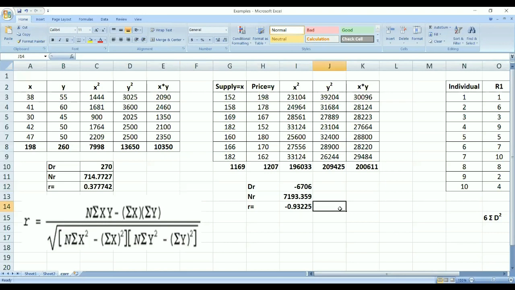Done? Now solve this second problem. Supplies and price is 150 to 158. Try to solve in the same fashion. First, calculate the summation x, summation y, summation x square, summation y square, and summation x into y.